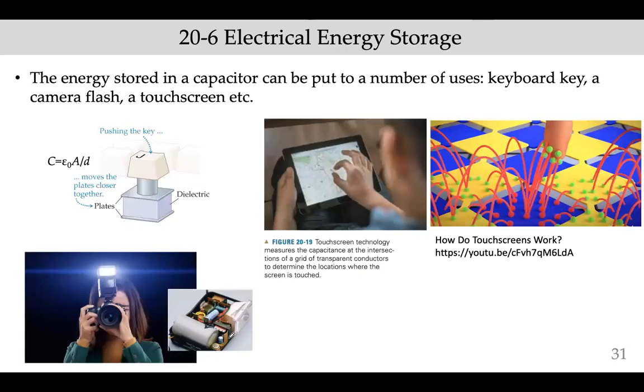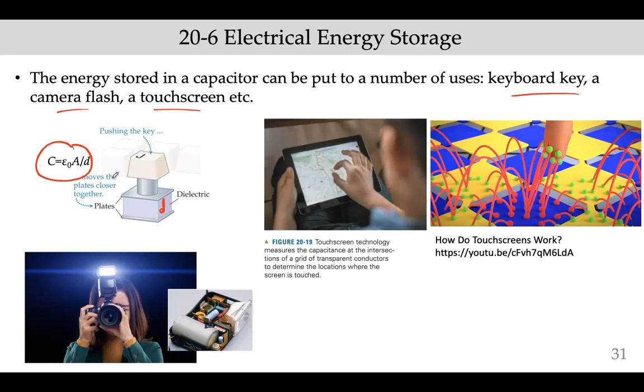Now, energy stored in a capacitor can be put to a number of uses, for example, keyboard keys, camera flash, touchscreen, etc. In the case of keyboard keys, there are two plates. It's basically a capacitor. When you push the key, the distance between these plates, which is D, gets smaller. Remember, capacitance depends on the distance between the plates.